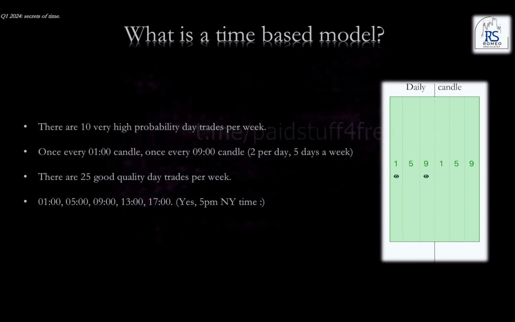1, 5, 9. I'm hesitant to say 9 p.m. because it's usually consolidation, right? As we know, the markets spend 70% of the time in consolidation and 30% of the time is not.